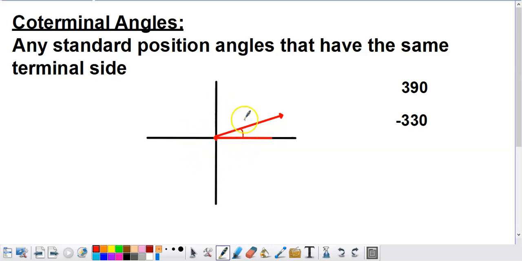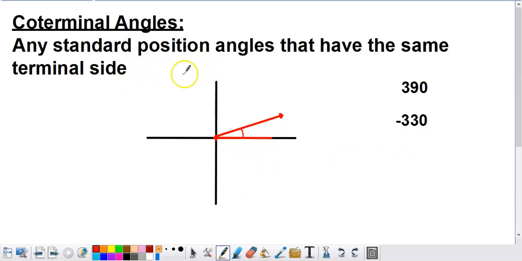Negative 360 would be one complete revolution around the circle in the clockwise direction, getting back to the x-axis. Well, I'm not trying to plot negative 360. I'm trying to plot negative 330. What that means is I'm going to be stopping 30 degrees short of the x-axis. So 30 degrees, 390 degrees, negative 330 degrees, they all look the same when we plot them in standard position.